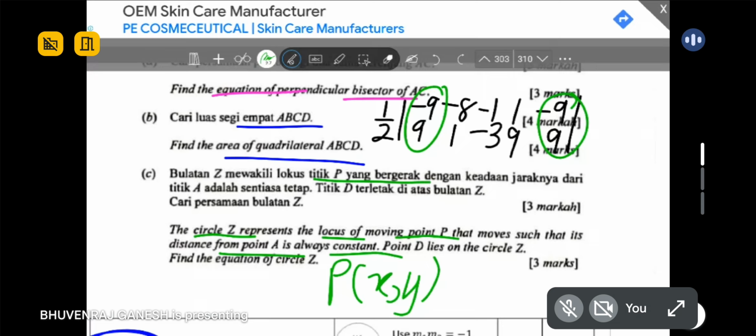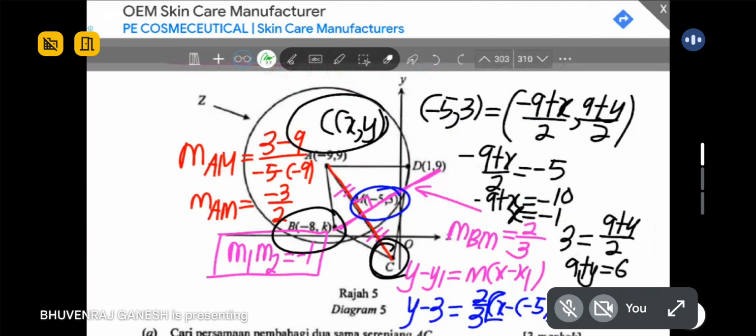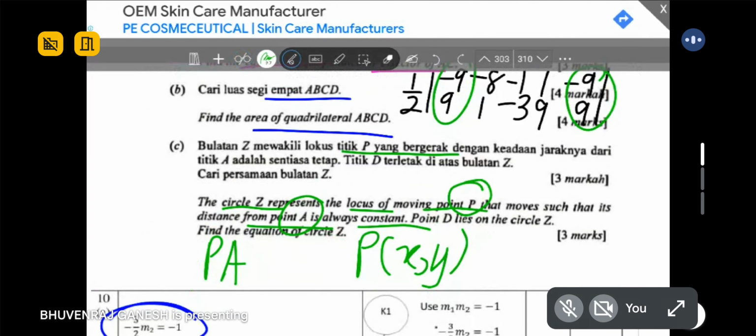Alright. So now they say P, distance from point A is constant. So PA, this is the distance. We don't know the value. Tak tahu nilai. And then they say point D lies on the circle. Okay, point D di atas bulatan Z. So they say P to A is constant. So guys, P is what?